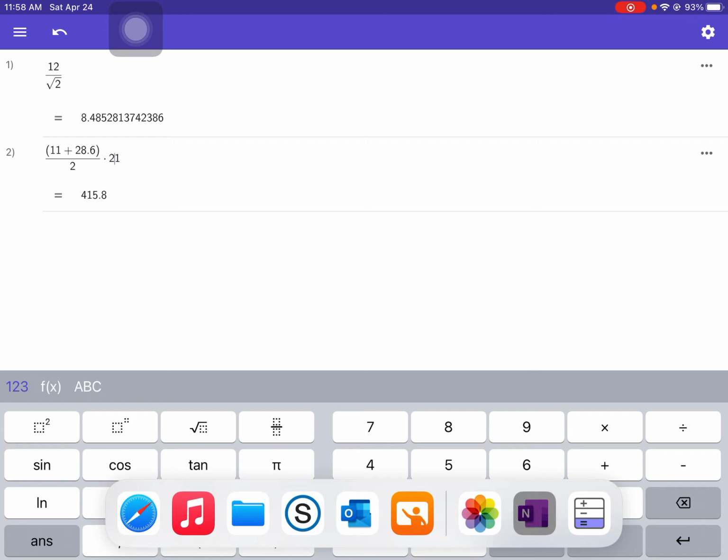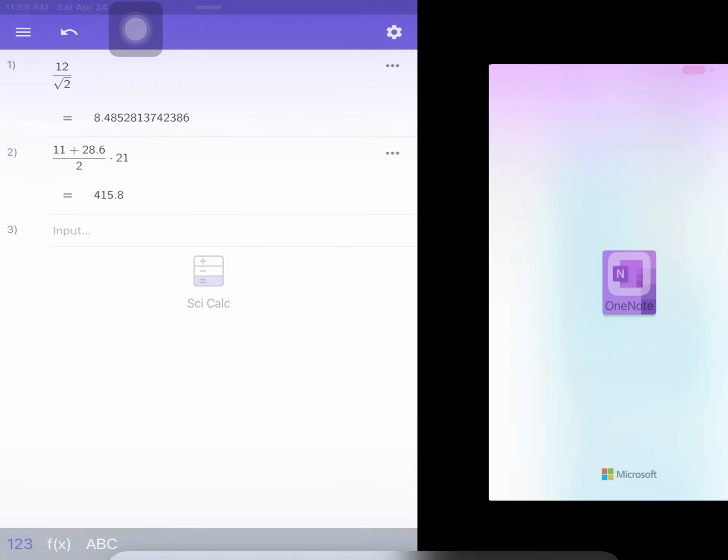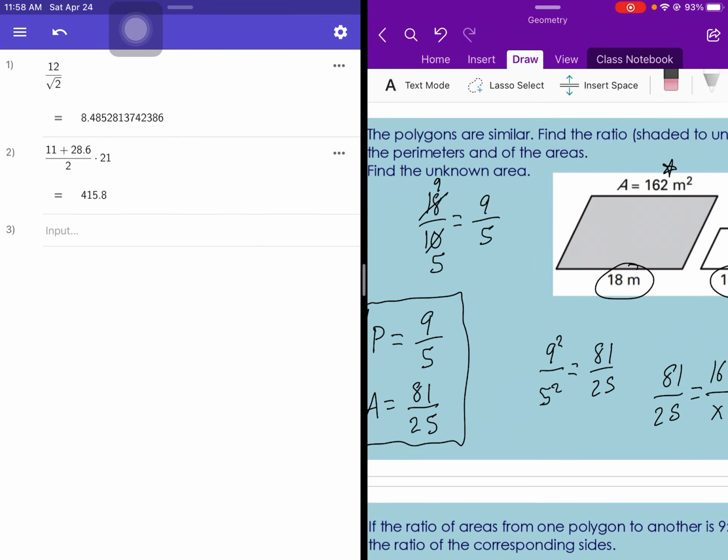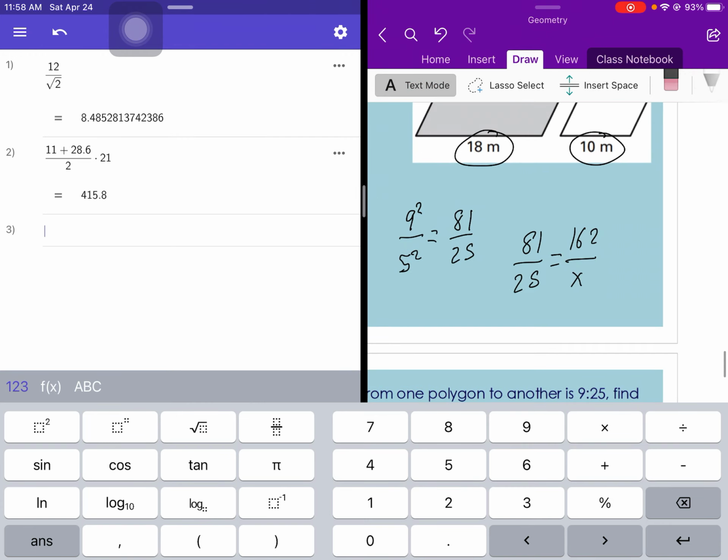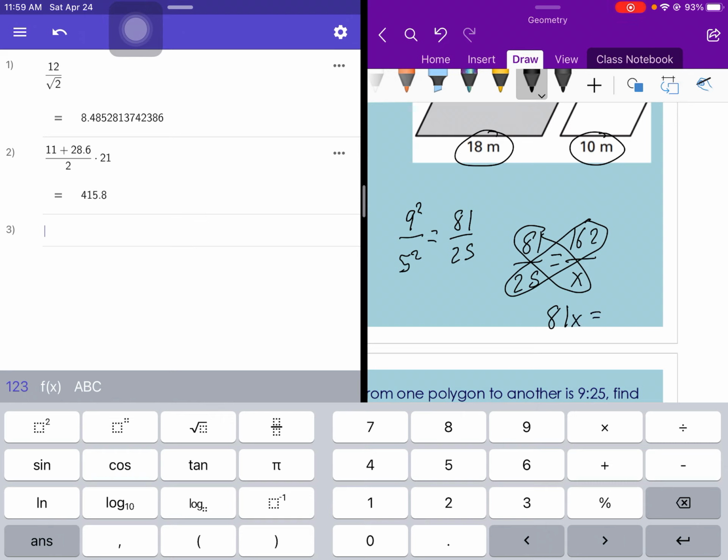Let me just split screen this really quick. So this one we need to cross multiply. We're going to take 81 times x and then 25 times 162. And we get 4,050.